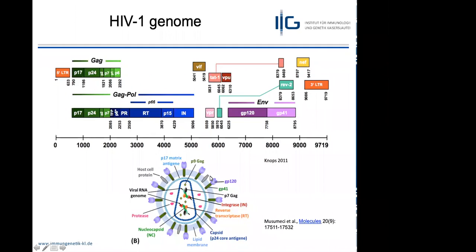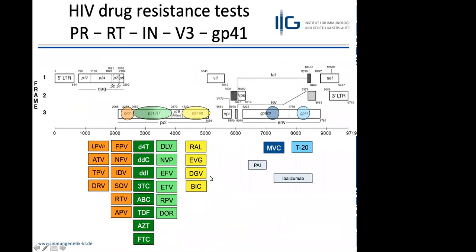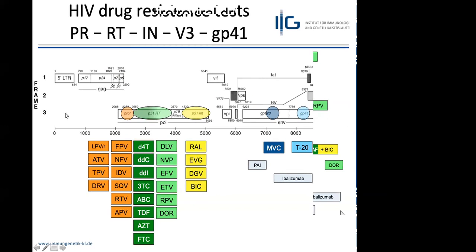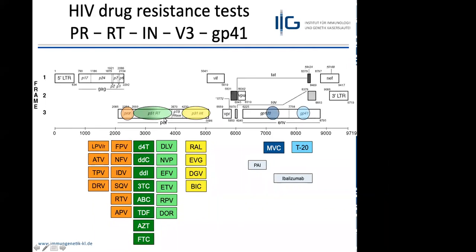And by this, we do have several drugs. We do know for each drug which region we do have to sequence. And for protease, sorry, and reverse transcriptase and integrase.